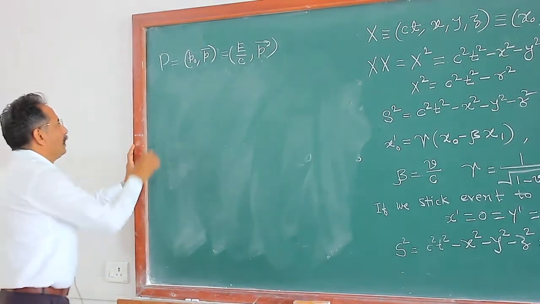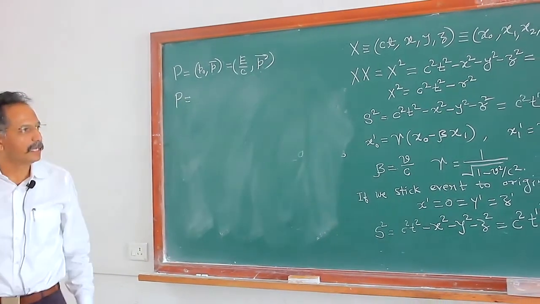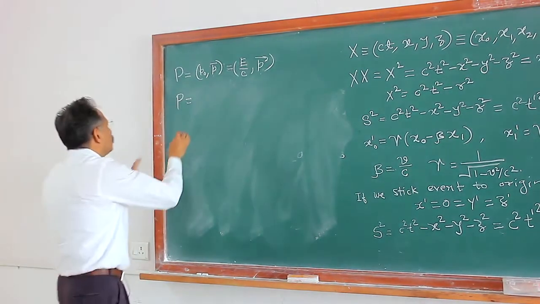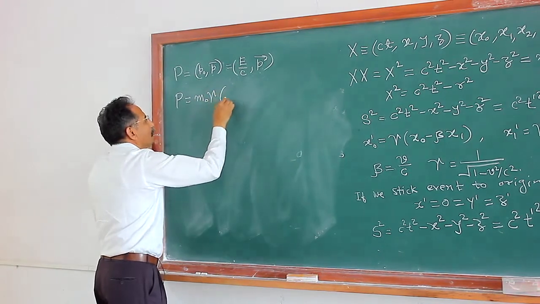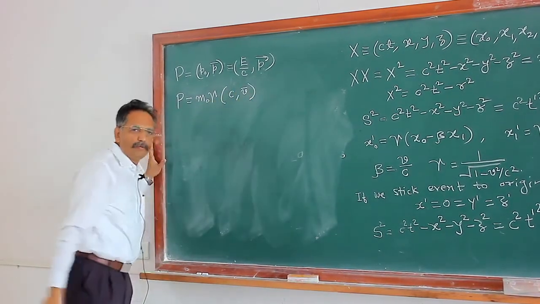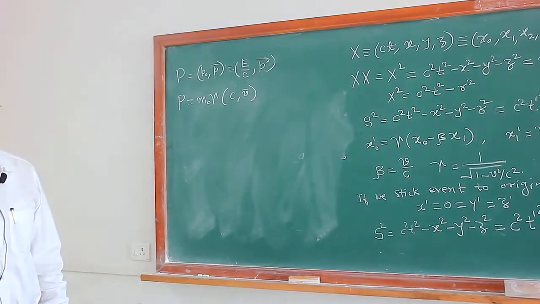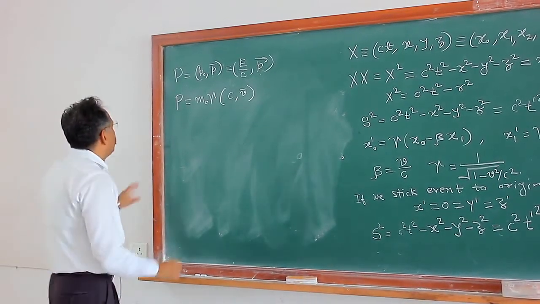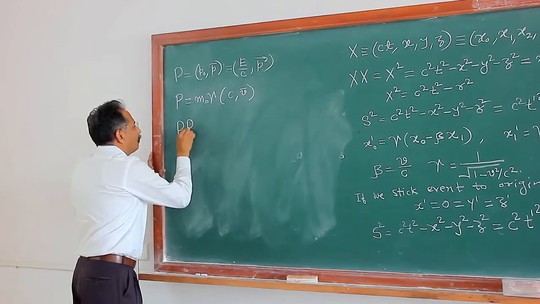The other definition of P that I have written there is in terms of m0 gamma: this is m0 gamma inside bracket c comma v bar. So we have a couple of definitions of the four-momentum. Now let us work out the inner product of P with itself.